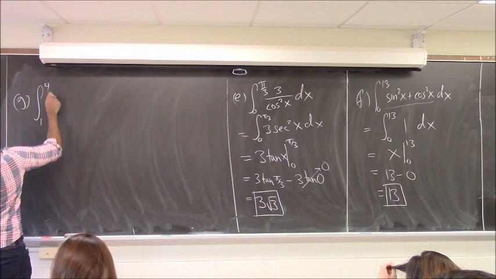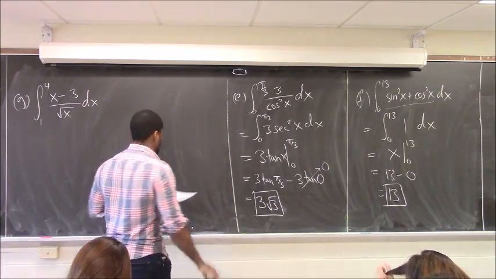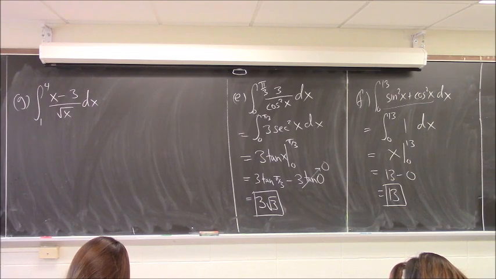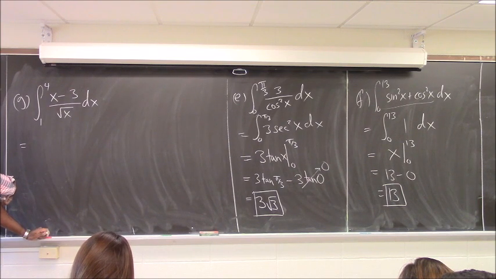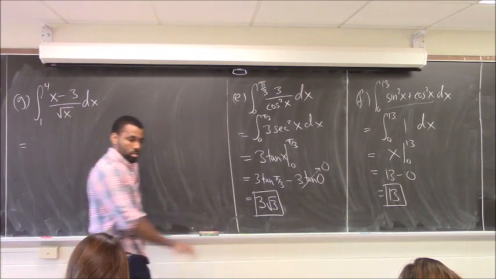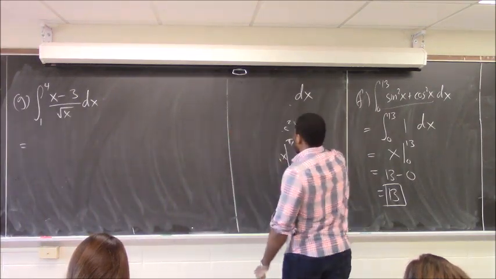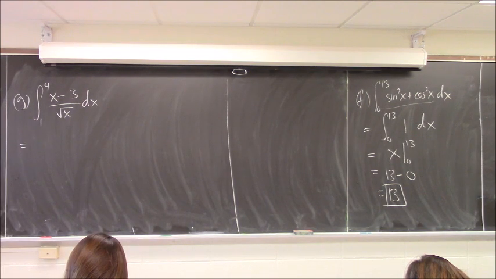Find the antiderivative from 1 to 4 of x minus 3 over the square root of x. And how do you do that? Some ideas?